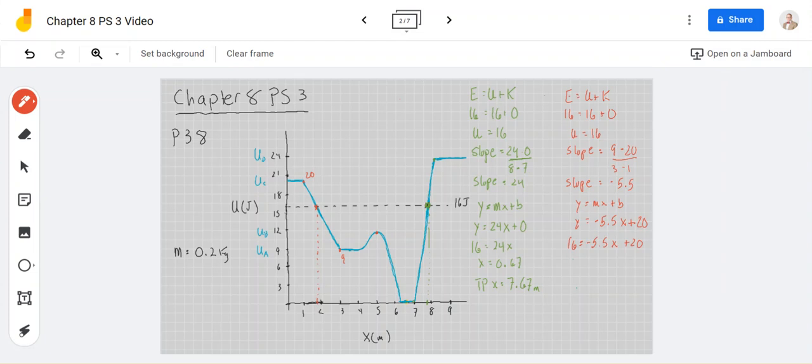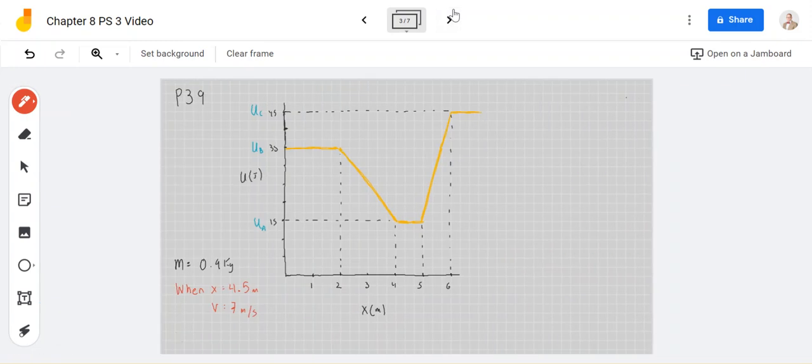So I have 16 minus 20 divided by negative 5.5. So I got x is equal to 0.72. So the turning point is when x is equal to, well, I started at 1, so 1.72 meters. And that's consistent with what the graph shows. All right, let's move on.